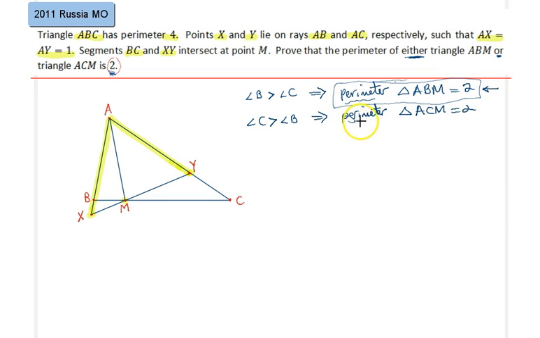Because we are concerned about perimeters, the perimeter brings to mind the notation s. Little s for triangle ABC: we know the perimeter is 4, therefore 2s is equal to 4, or s is equal to 2.